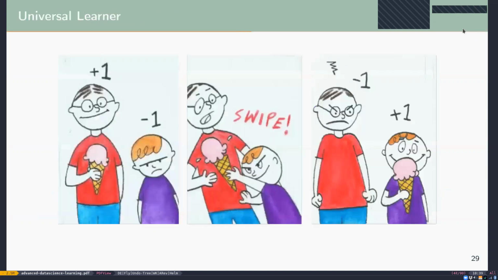Cool. So another cool thing that people can show using a PAC learning framework, and this is a proof that I think if you're interested in this, you should really look at. So, if I would want to introduce bias in my learning algorithm, we said that, right?